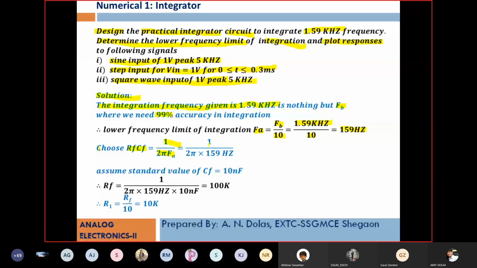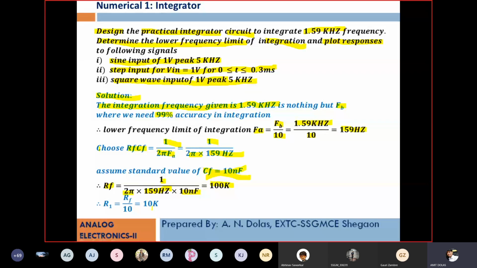Putting the values, assuming a standard value of capacitor CF of 10 nanofarad. I said choose less than 1 microfarad, it is preferred. So putting into the formula, we get the RF value. RF will be equal to 1 over twice pi FA, that is 159 hertz, capacitor CF 10 nanofarad, it comes to 100k.